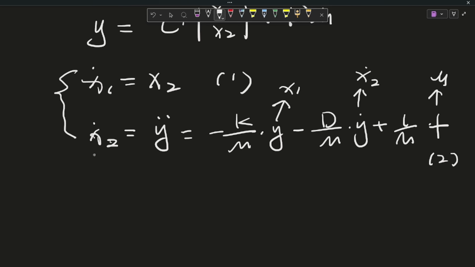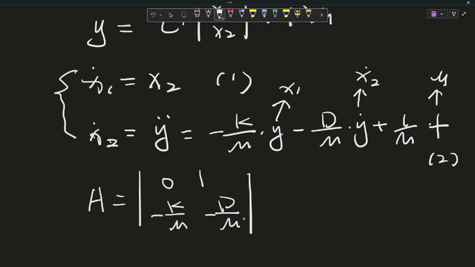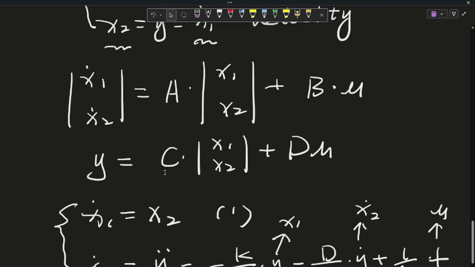Combining these two equations, we get the matrix A equals [0, 1; minus k over m, minus d over m], and matrix B equals [0; 1 over m]. This is the first equation for the state space.